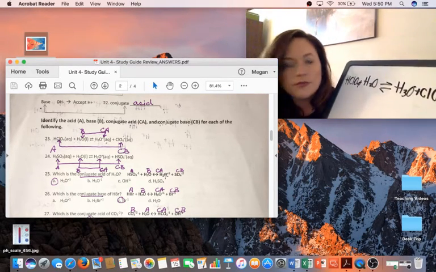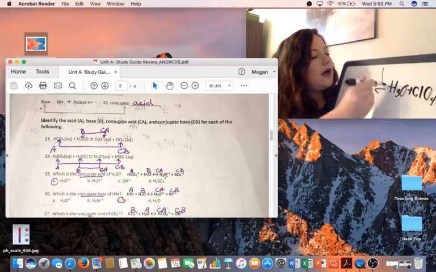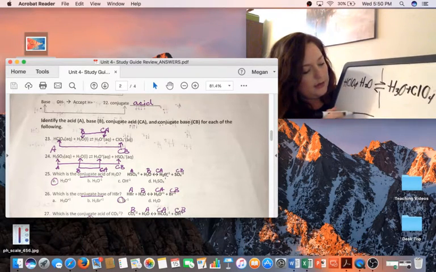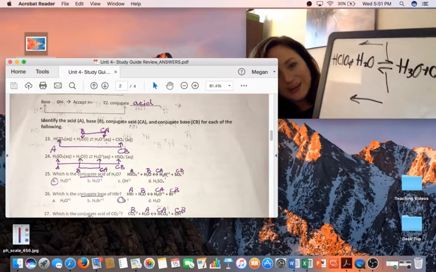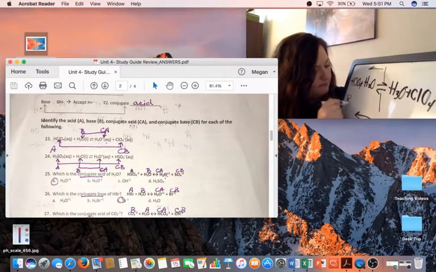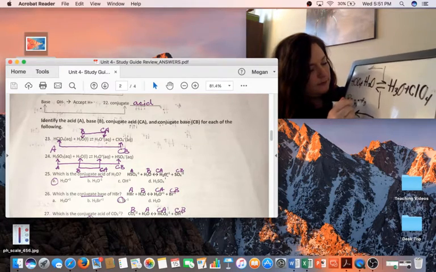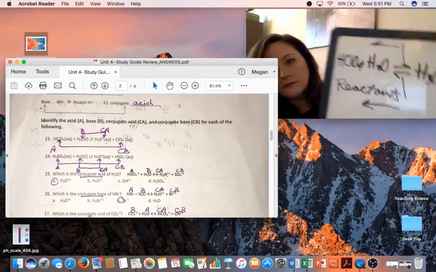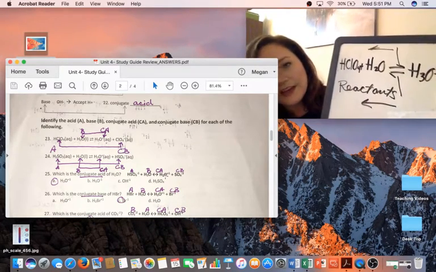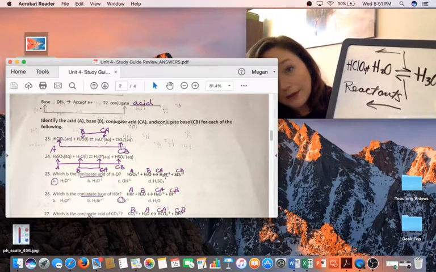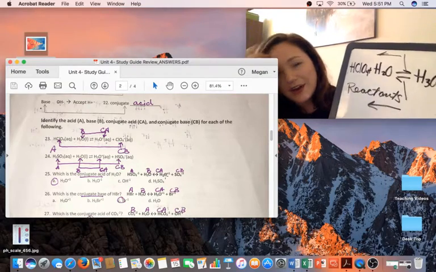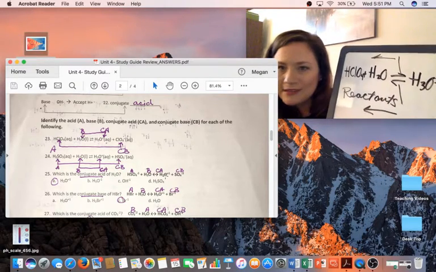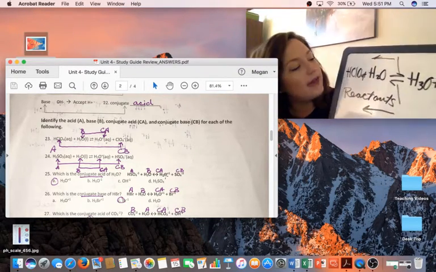So one thing to realize, everything on this side of the arrow, your reactants, has to be classified as an acid or base. They are both on the same side. You do not ever have a conjugate acid and an acid on one side. You always have an acid and base.